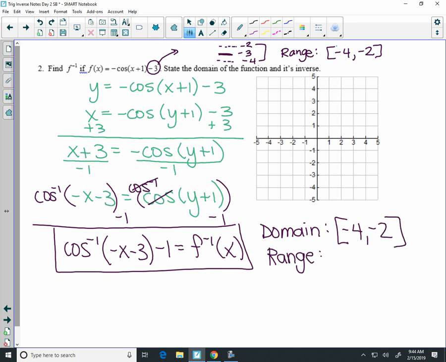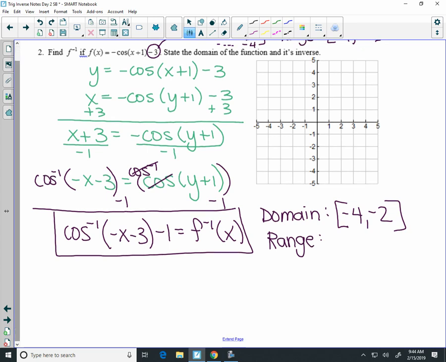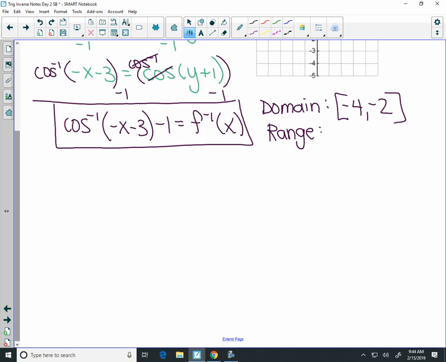Lovely. So with the range of our inverse, usually, since this is cosine, it's what? Zero to pi.